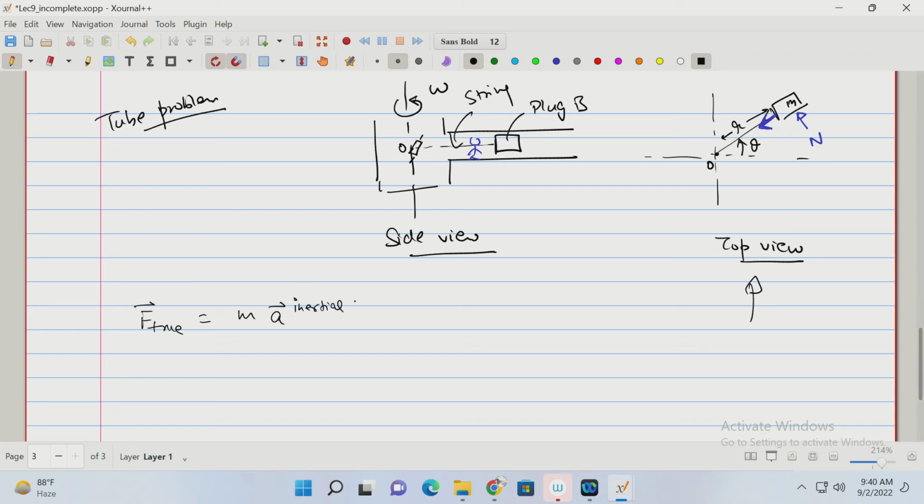The superscript inertial here means it is measured from an inertial frame of reference. Don't confuse it with the acceleration of the inertial frame, because the acceleration of an inertial frame is 0. The superscript means it is measured from an inertial frame. Now let's come to the person who's sitting inside the tube.